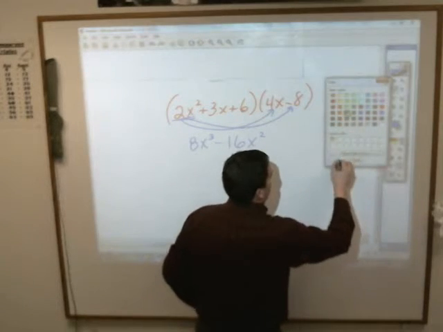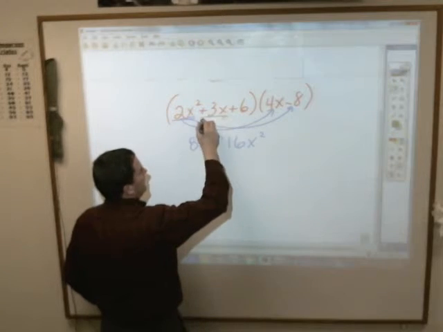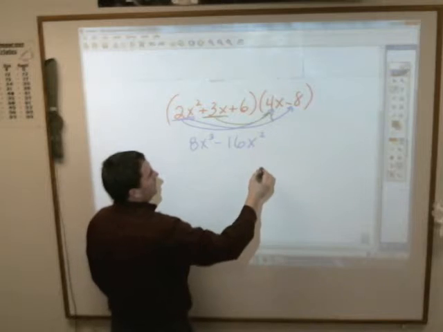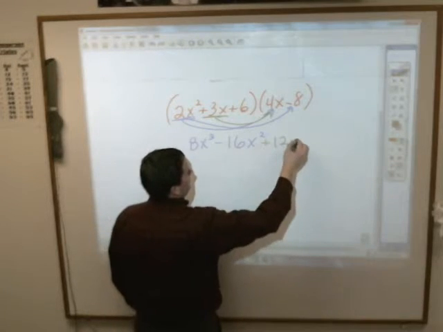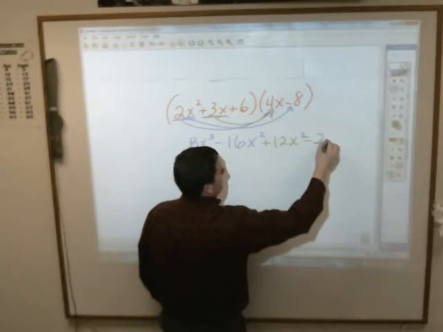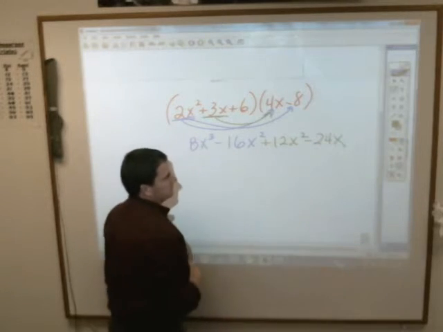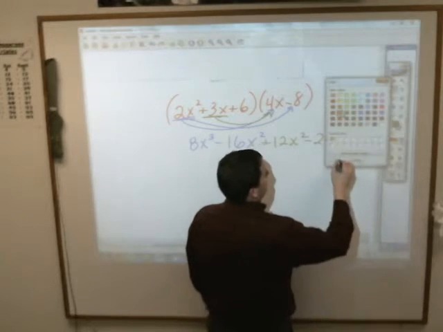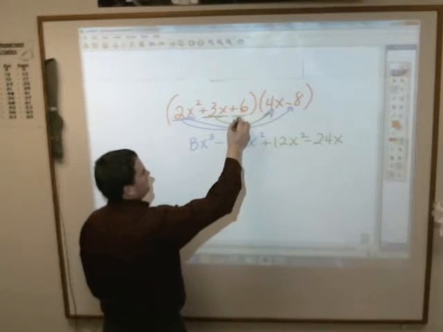Then let's go to the next one. We're going to take 3x and multiply it by both of those. 3x times 4x is 12x squared. 3x times negative 8 is negative 24x. Then we're going to do it one more time with the positive 6.